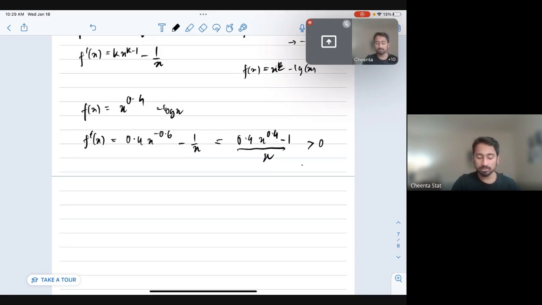Is it always greater than 0 or not? Is f dash x decreasing or increasing? Can someone tell me? So you can show that 0.4 x to the power 0.4 is greater than 1 if you take log x, or it's just x greater than.